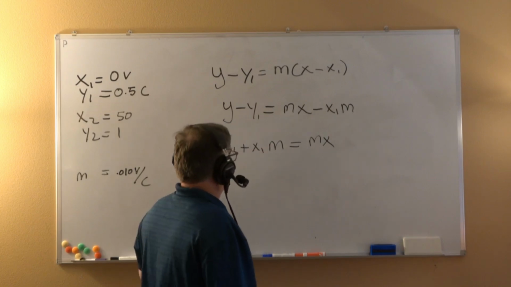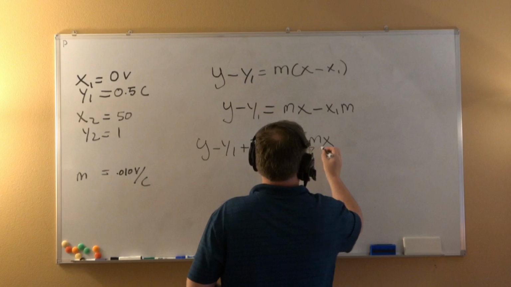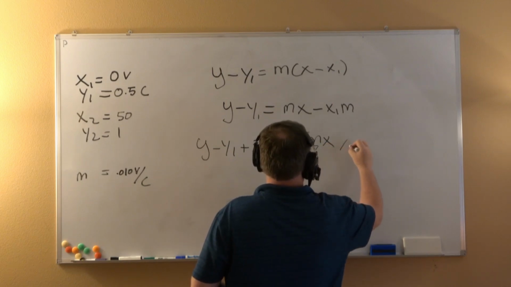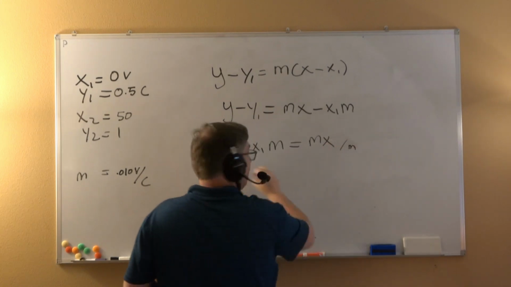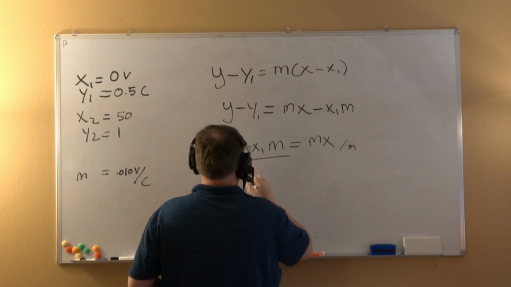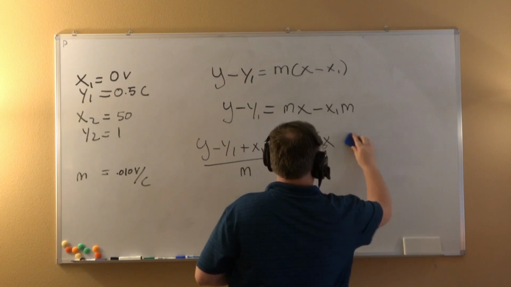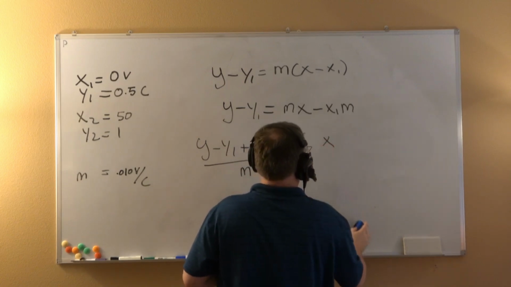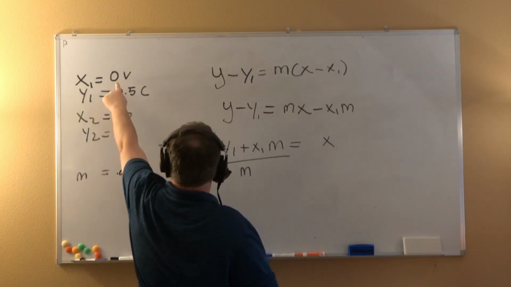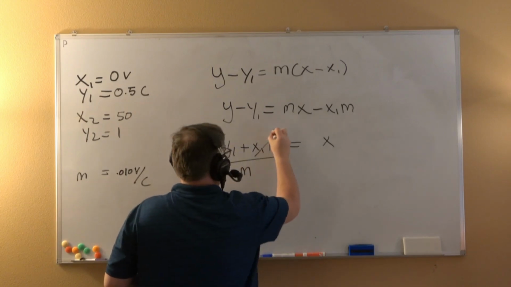So then what we want to do is divide by the M from here, divide the M from over here, so that equals 1. And now we're down to X. Now, X1, that's a good one, right? That's a 0, so that is gone.